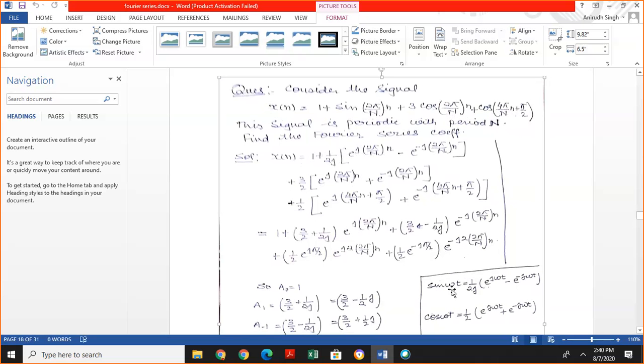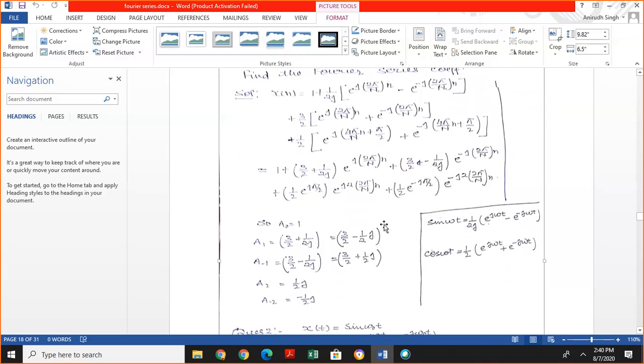Use this formula: sin omega t is equal to 1 by 2j exponential j omega t minus exponential minus j omega t, and cos omega t is equal to half exponential j omega t plus exponential minus j omega t. Use this formula for converting all these sine and cos terms into exponentials.